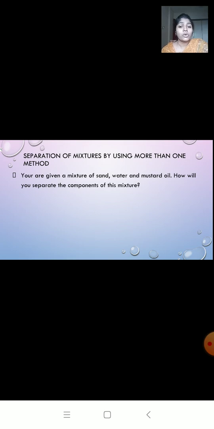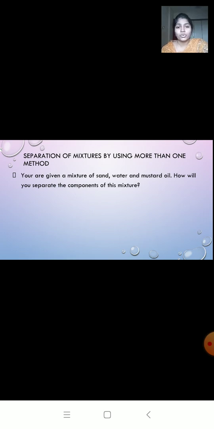So what we can do is first use the filtration technique. We'll take a filter paper and filter. Water and oil will easily pass through the filter paper and we can collect it. What about sand? Sand will remain back as residue on the filter paper. So we got sand separately. Now water and mustard oil.